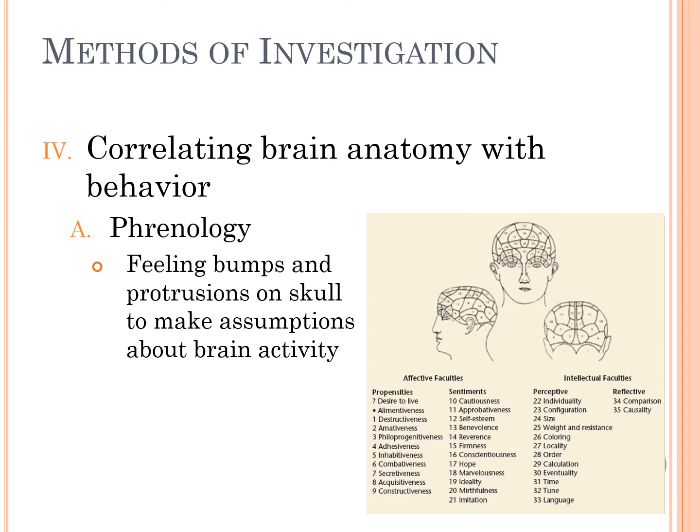Of course, we now know that phrenology is not an answer to how to look at brain activity. At the level of the skull, just feeling the skull with your fingers is not going to tell us what's happening in the brain.